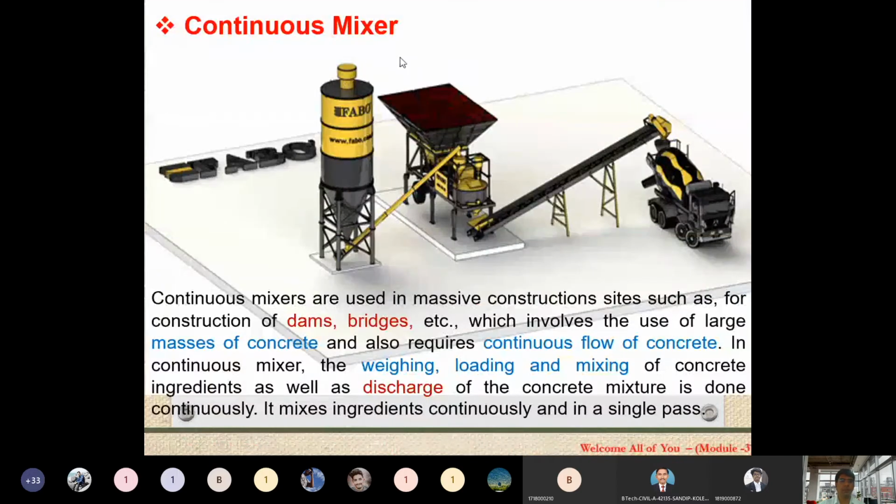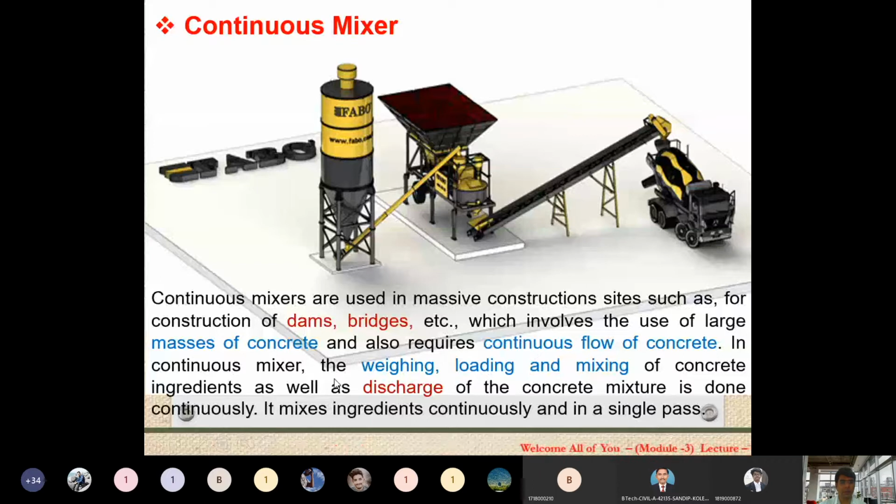Now this is a continuous mixer. Continuous mixers are used at massive construction sites, such as for the construction of dams, bridges and high-rise buildings, which involve the use of large masses of concrete and also require a continuous flow of concrete.